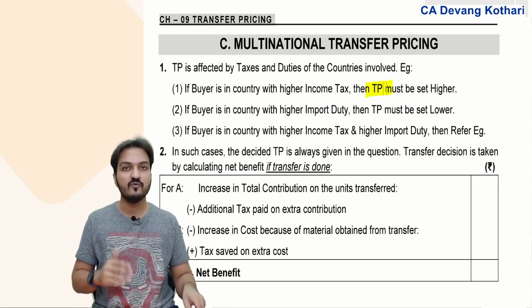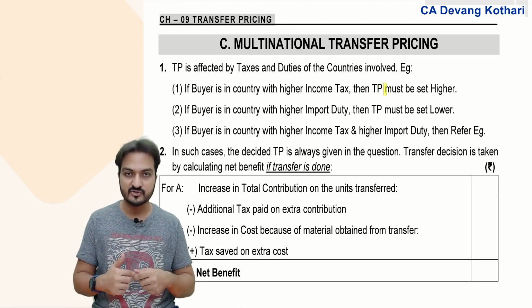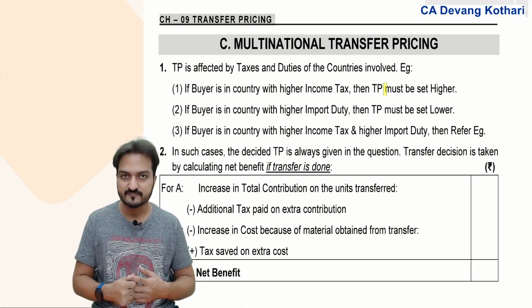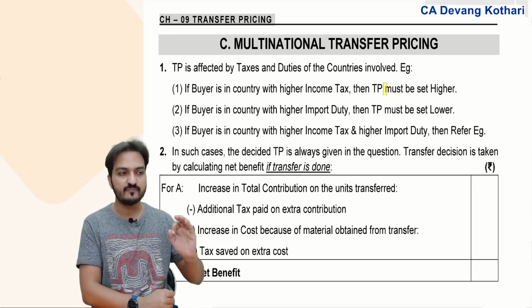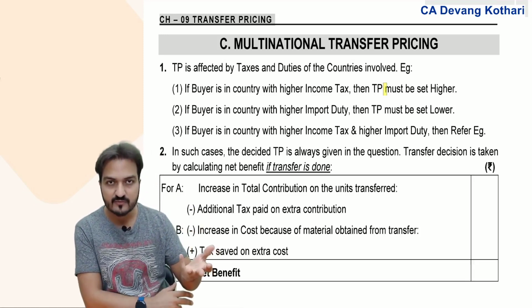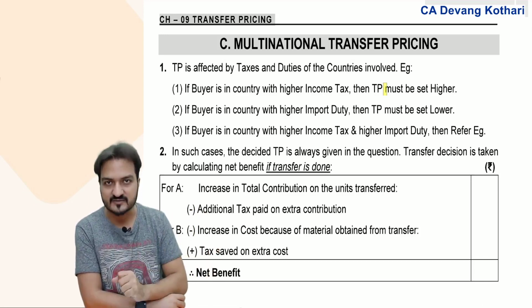Why? Because for the buyer division, this transfer will become a purchase. The transfer price will become the purchase cost. And if that buyer division is in a country with higher income tax, it is better that it shows higher purchase cost, because if it shows higher cost, it has lesser profit and has to pay less tax.